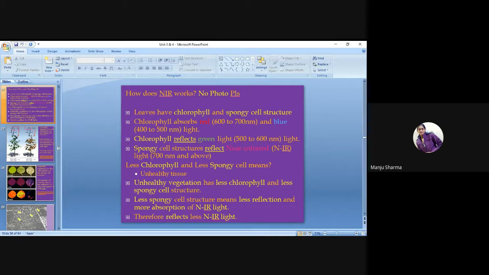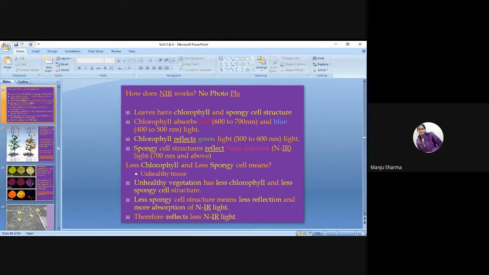Less chlorophyll and less spongy cell means unhealthy tissue, and unhealthy vegetation has less chlorophyll and less spongy cell structure.